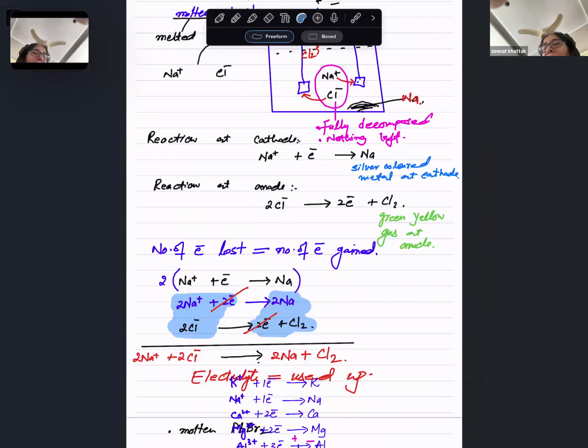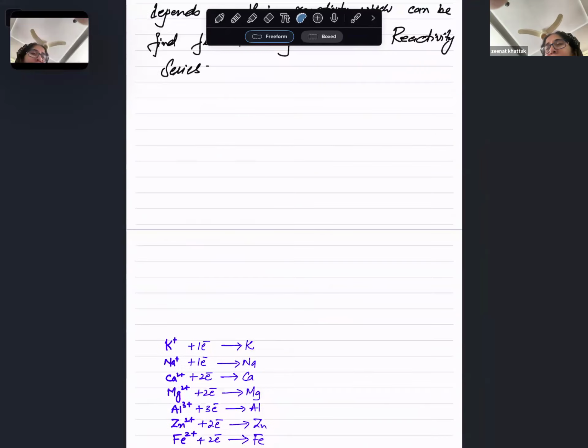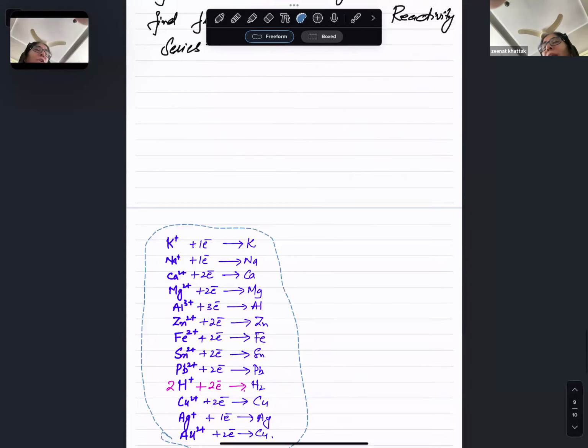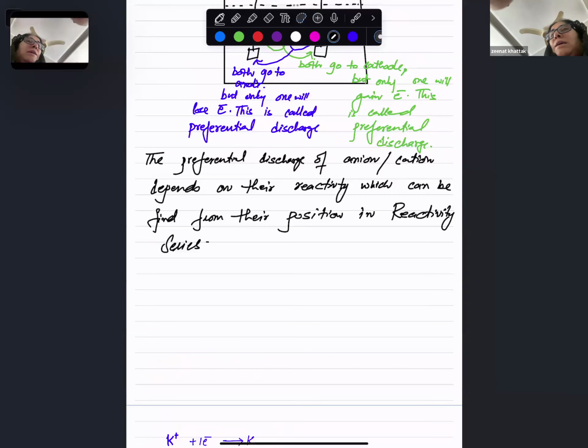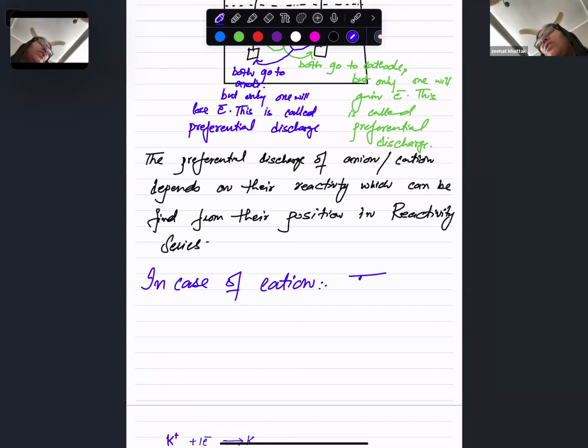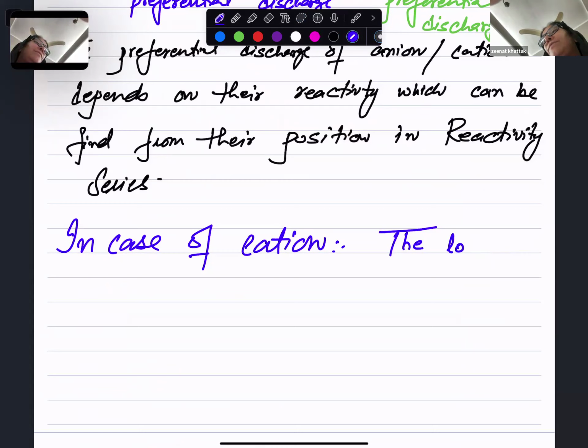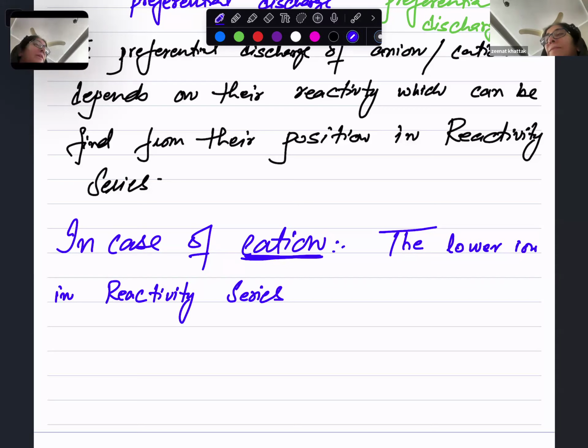Now, keep in mind that in case of cations, the lower ion in the reactivity series is more reactive.